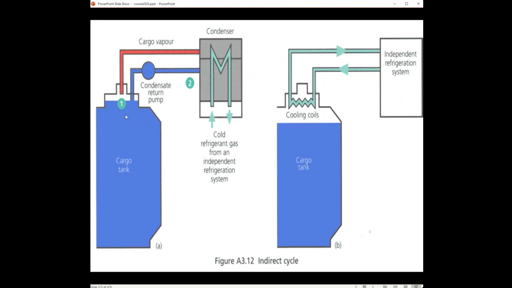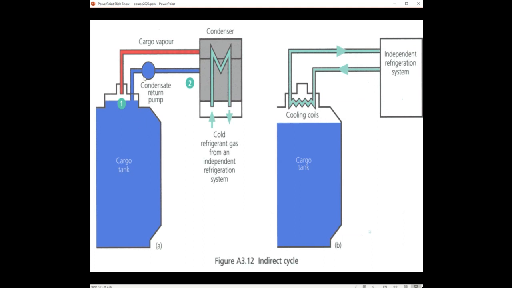Another possibility is that you partly send your vapors outside the tank, but your cargo vapor is not compressed, so no increase in temperature, which is very important to avoid polymerization, is sent then to a cargo condenser, and the condensate is pumped back to the tank.